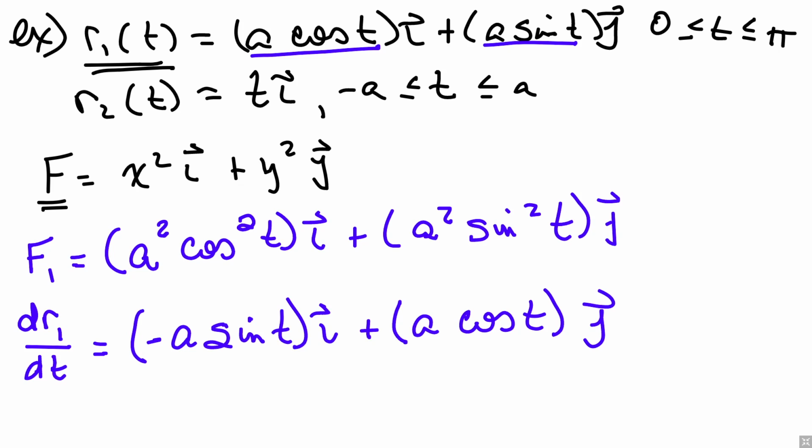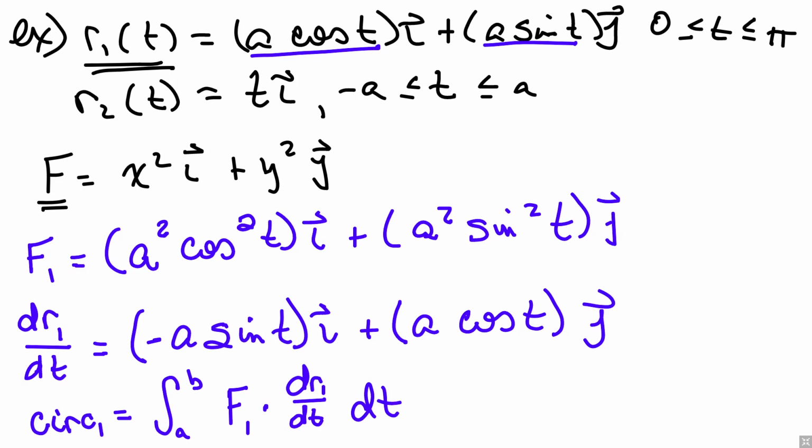To do this first circulation, we look at the integral from a to b of F sub 1 dotted with dr sub 1 over dt, dt. So we're going to look at the dot product of those two vectors.